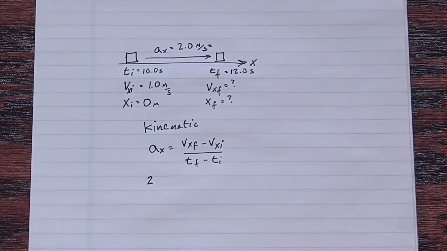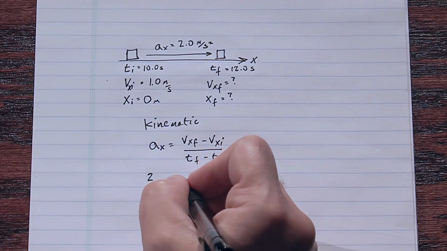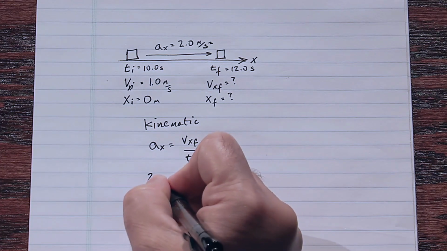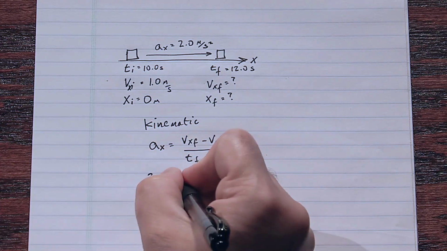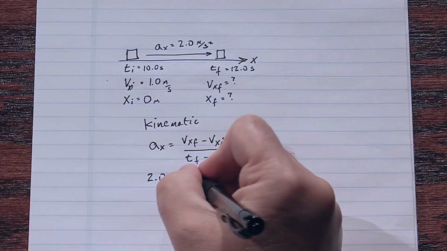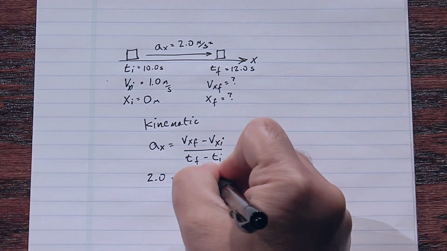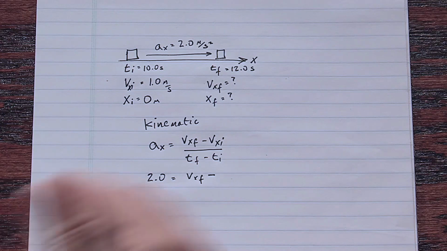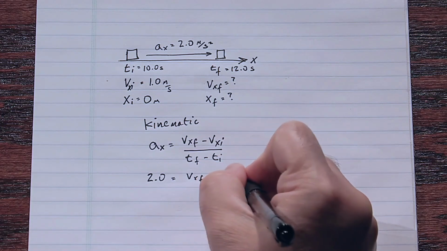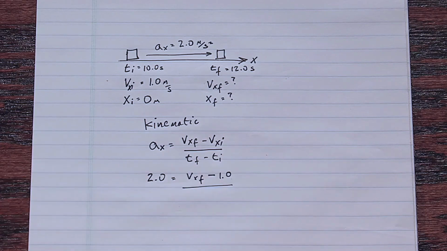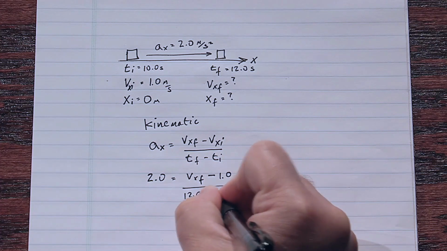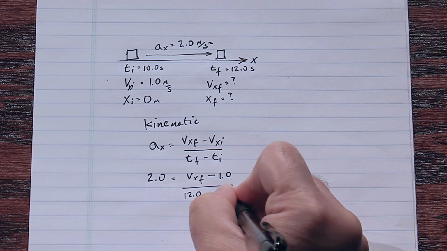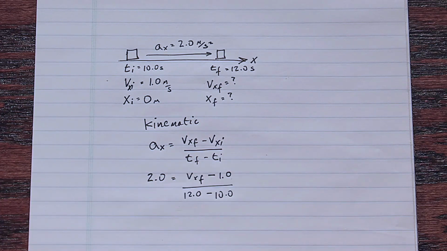And once again, I'll leave off my units so as to not clutter things. 2.0 meters per second squared is equal to Vx final minus Vx initial, which we know is 1.0 meters per second, and then divide by t final of 12.0 seconds minus t initial of 10.0 seconds.